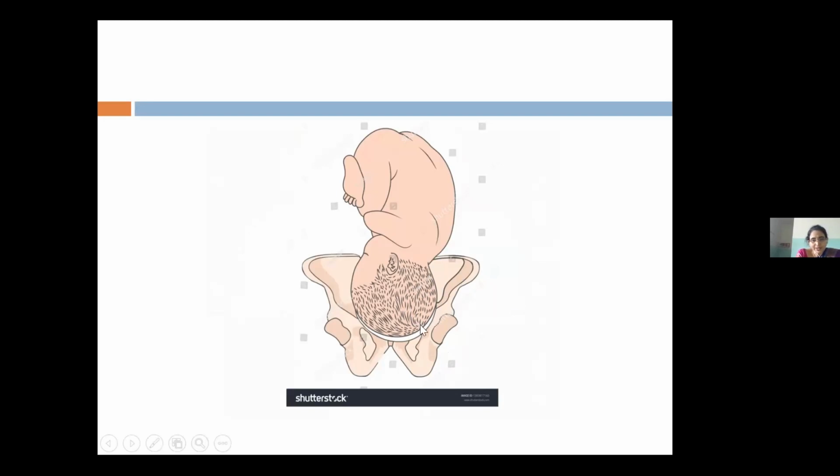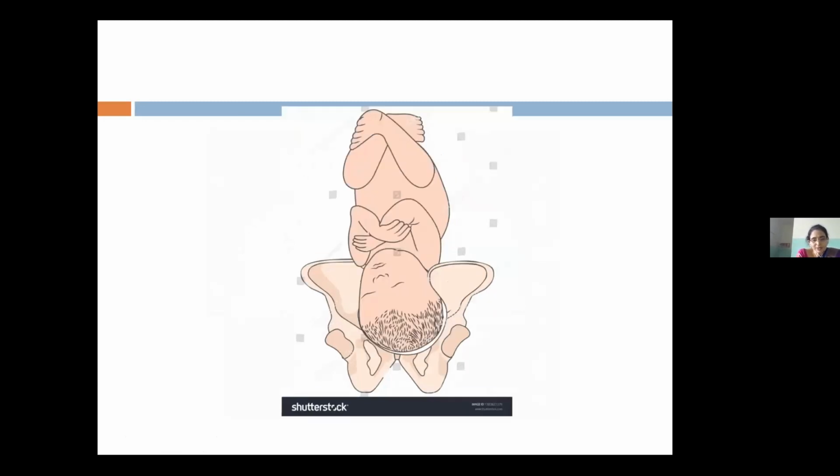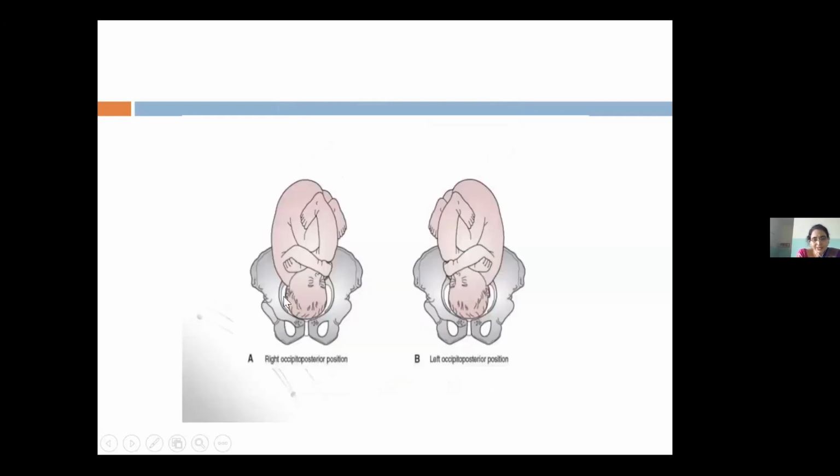So the occiput is present in the oblique diameter on the left side in the anterior quadrant. So this is the left occipito-anterior. And the occiput here, as you can see, is in the posterior direction. So it is in the posterior part of the pelvis. So this is the left occipito-posterior. And here you can see right and left, right occipito-posterior and left occipito-posterior in relation to the maternal pelvis.